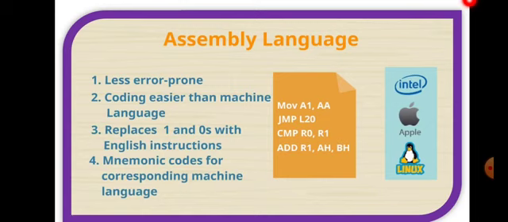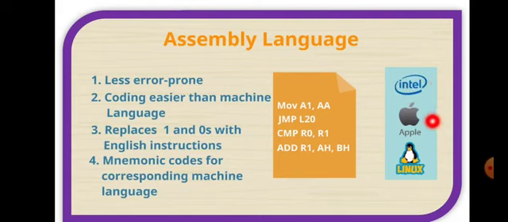So each assembly language is specific to a particular computer architecture and sometimes to an operating system. So what do you mean by that? It is specifically meant for, here 3 examples are given, a particular computer architecture or an operating system. One is Intel. Based on this, assembly language can be written.